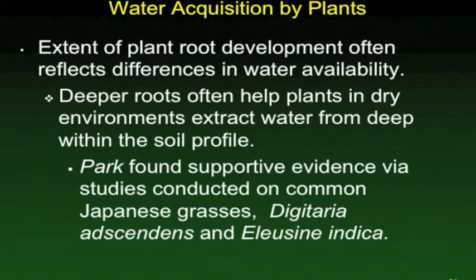For example, if you water your lawn artificially on a regular basis, the roots won't grow as deep, and then if you are forced into a situation like a water conservation requirement by the local government and you can't water your lawn anymore, then your lawn will tend to dry up before other lawns that haven't been watered artificially on a regular basis. And that's similar to what Park found in his studies of Japanese grasses.